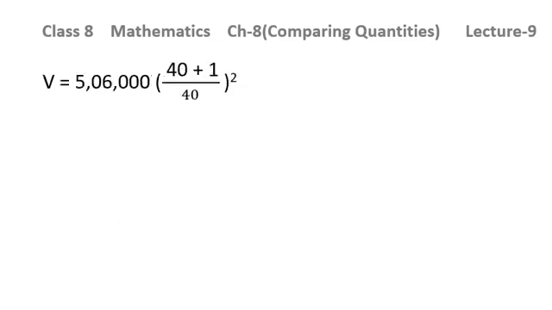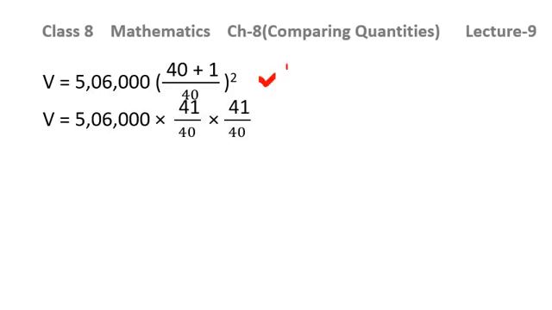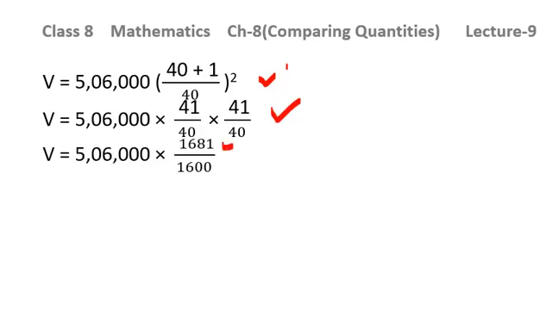After solving the bracket, you will be getting V is equal to 5,06,000 bracket 40 plus 1 over 40 raised to the power 2. Then V is equal to 5,06,000 into 41 over 40 into 41 over 40 times. Then the square of 41 is 1,681, and the square of 40 is 1,600.